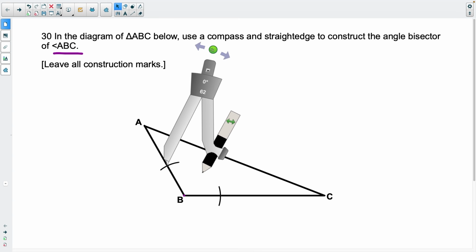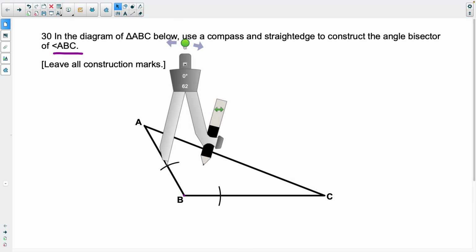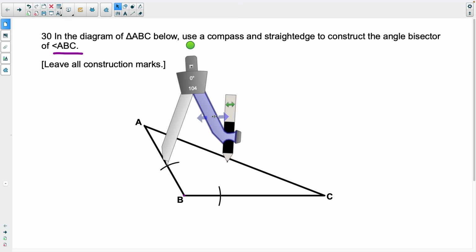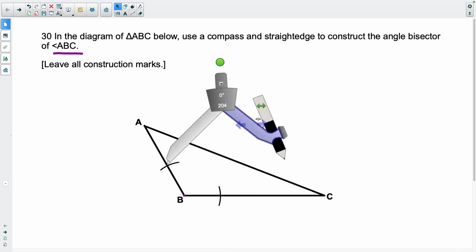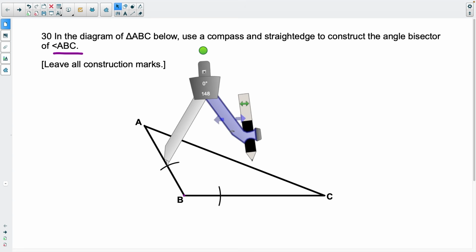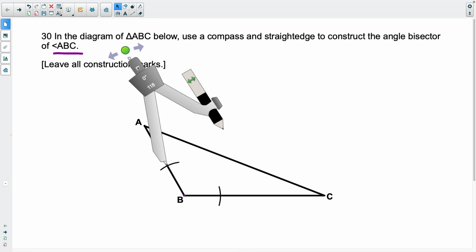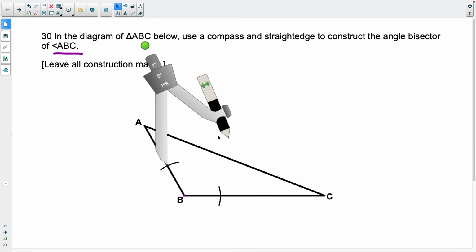Now, when we swing the next arc here, we should open the compass a little bit because we want it to go more than halfway so that we have another point of intersection to make our angle bisector. I open it up enough, but not all the way so that it flies off the page, so that we could get another point of intersection. So now I swing the arc from this point that we just made.